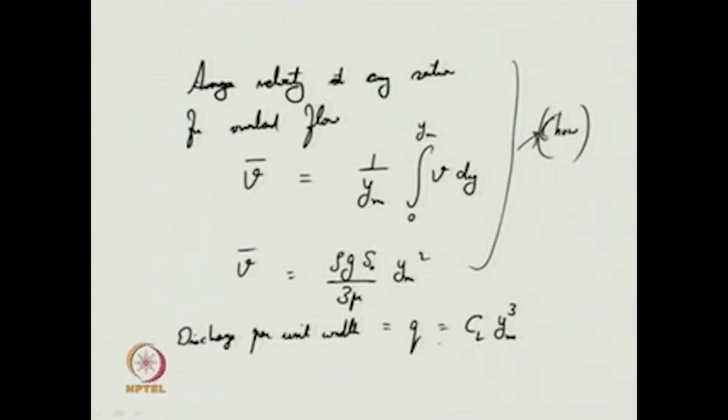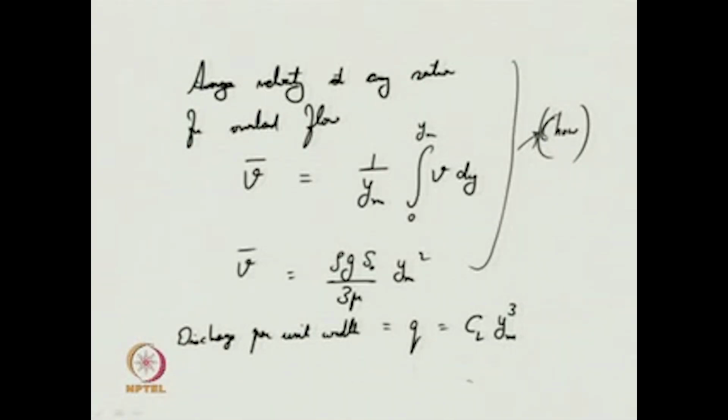So, you have to take the sections appropriately, rather than unit area, you are taking unit width. So, CL into ym cube, it will be a third degree equation with respect to your depth of overland flow. So, your CL is nothing but the coefficient rho g S naught by 3 mu. It may be observed like that also. Like this way, you can compute uniform flow for overland flow cases also. So, today we would like to stop here.